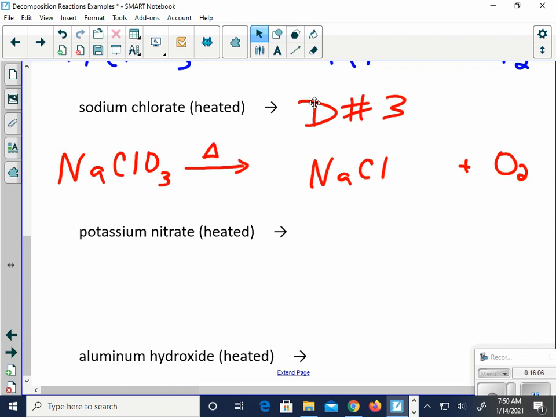I need to balance because my oxygens right now are not good. So I got this odd one I need to make even. Once I do that, that gives me 6 oxygens. I'm going to save that oxygen for last because it's by itself. I'm going to put a 2 here. I'm going to put a 3 here. Is it balanced now, Ella? Yes. Yes, it is balanced now.